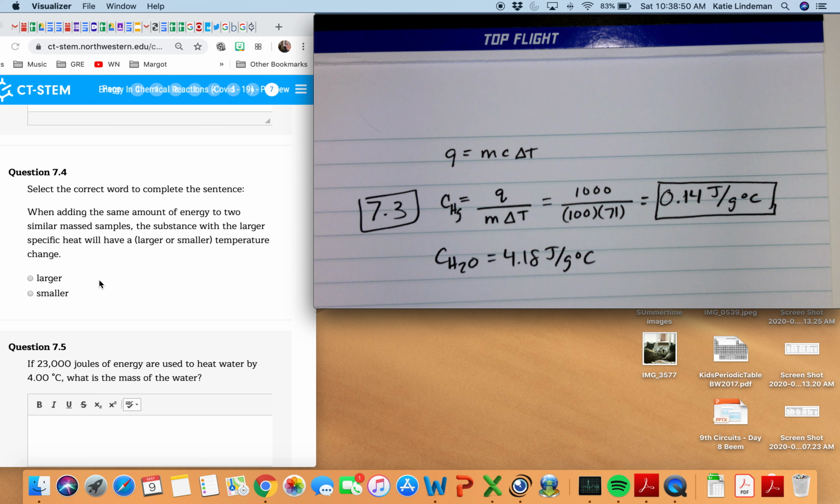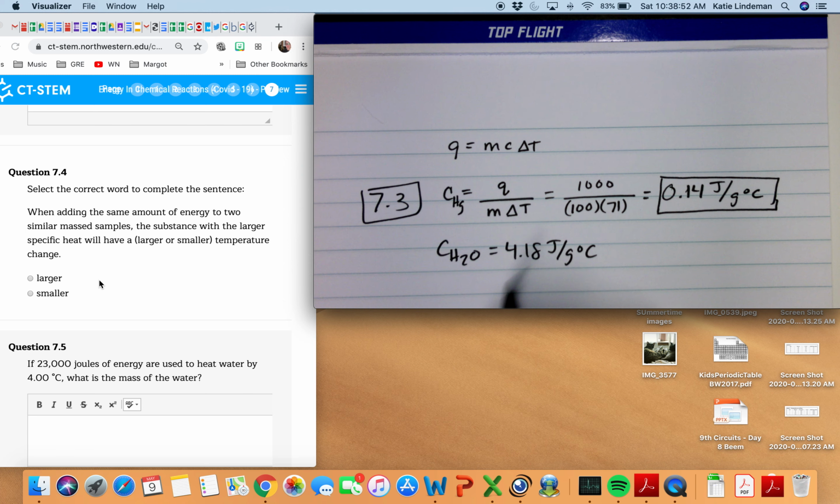The thing that you want to look at is, this is obviously larger. So the substance with a larger specific heat, did water have a larger or smaller temperature change?